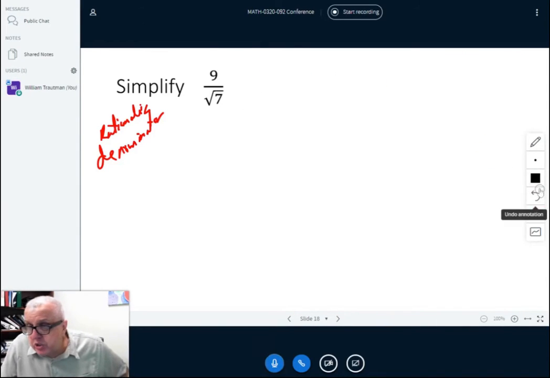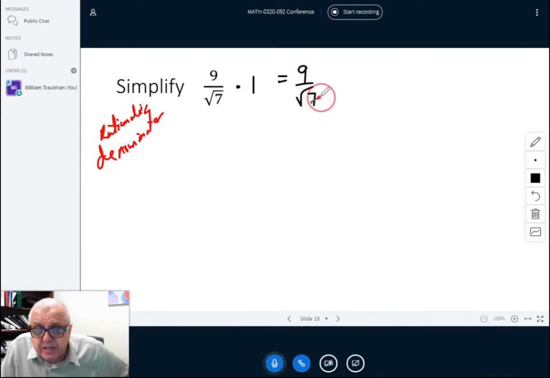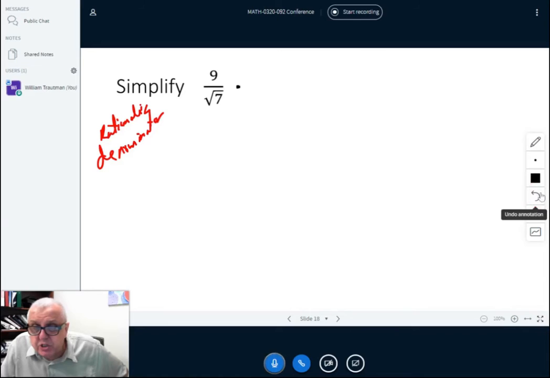Now, I just want to make sure you understand, if you multiply this by 1, you get the same thing, right? If you multiply something by 1, you end up with the same thing that you started with. So every time you rationalize the denominator, you have to multiply by 1.